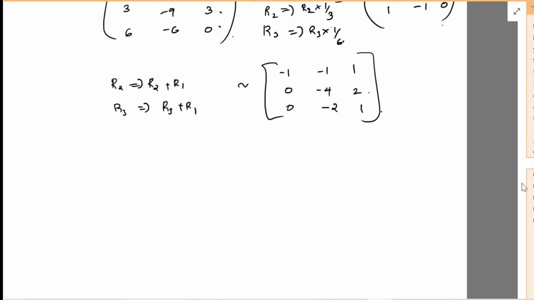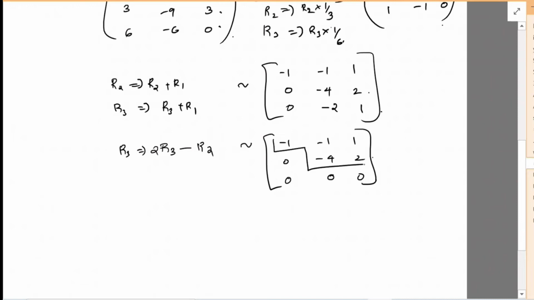R3 changes to 2R3 minus R2. So it will be minus 1, minus 1, 1; 0, minus 4, 2; 0, 0, 0.